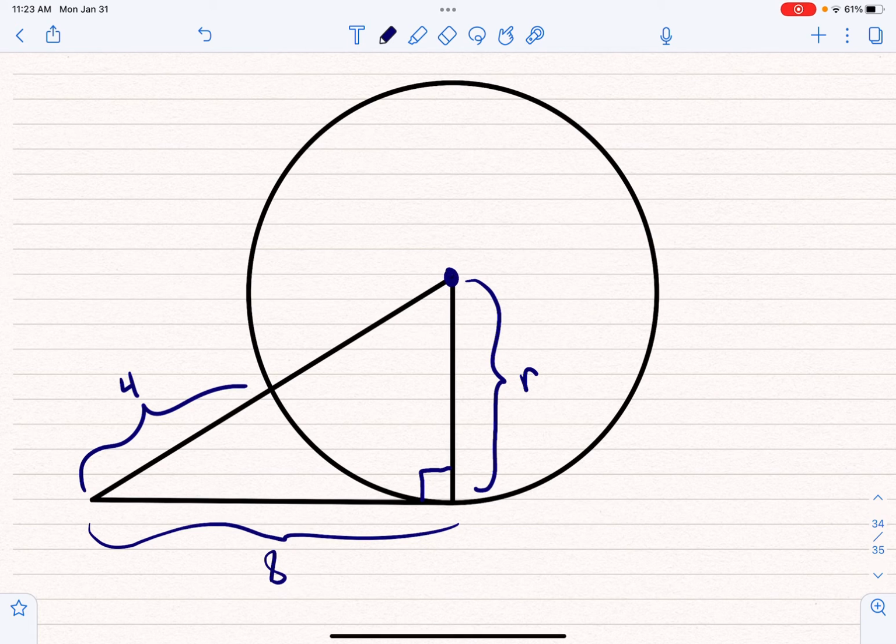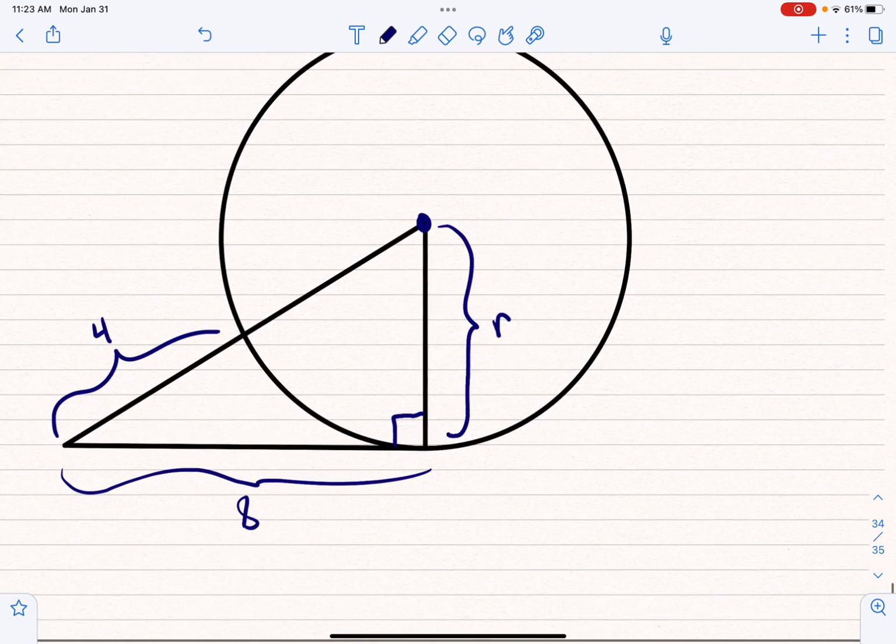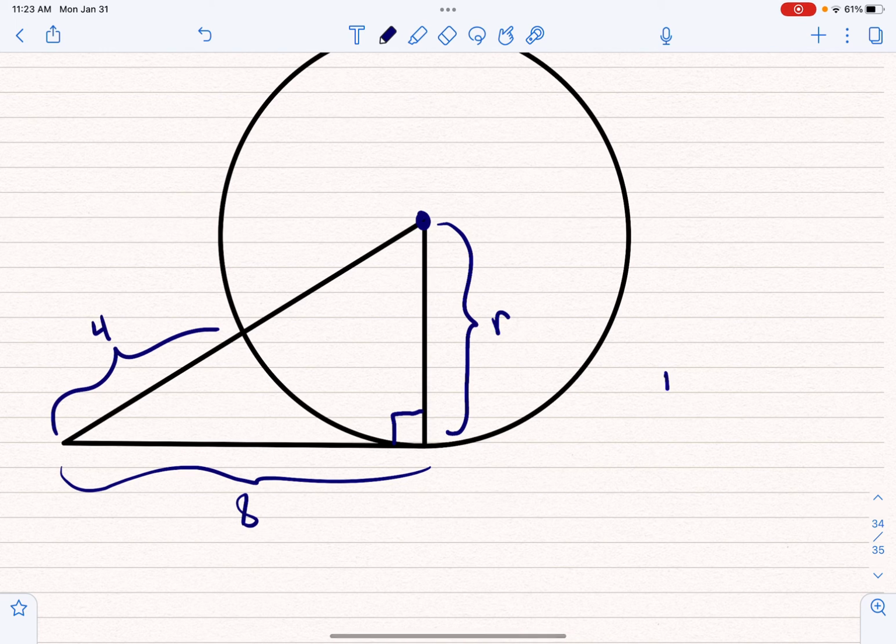You might look at this and go, man, that problem's insane. It can seem really weird, but this is a basic Pythagorean theorem problem. We know that if you have a right triangle, the three sides always fit into the formula a squared plus b squared equals c squared. And that's true for this case as well.